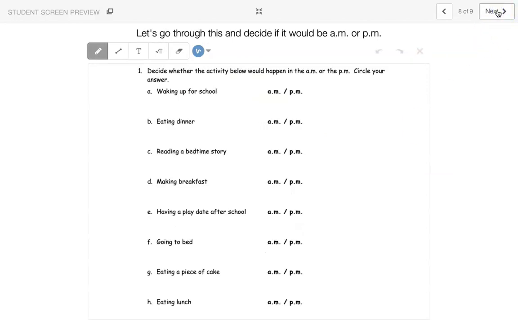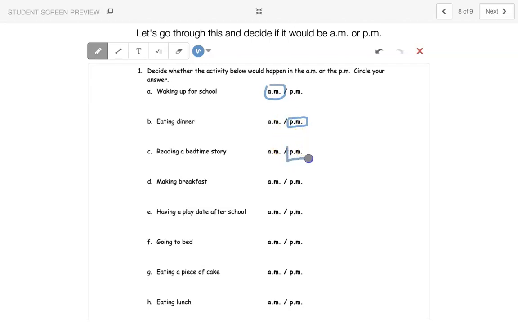So let's read these words and decide whether they would happen in the a.m. or the p.m. You're waking up for school. Well, that's going to be in the morning, so that's a.m. You're eating dinner. That's going to be p.m., in the evening. Reading a bedtime story.